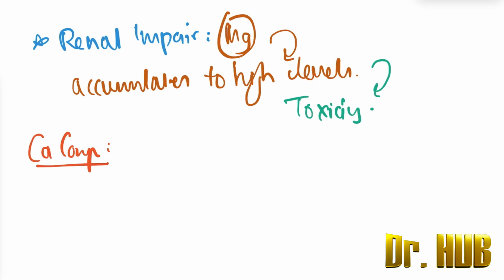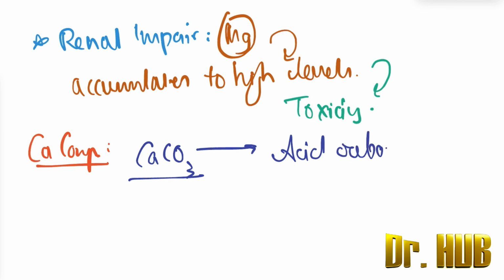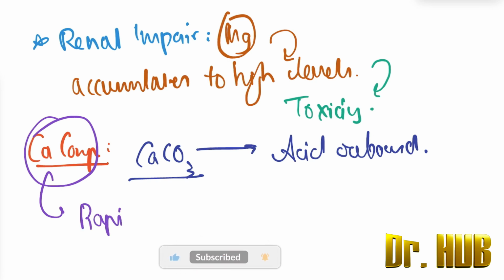Next we move on to the calcium compounds. Calcium carbonate causes acid rebound.